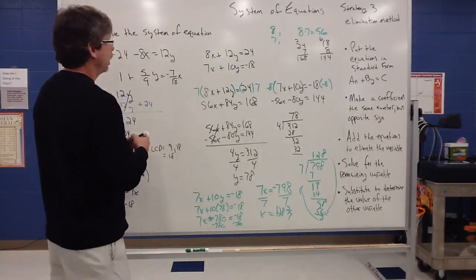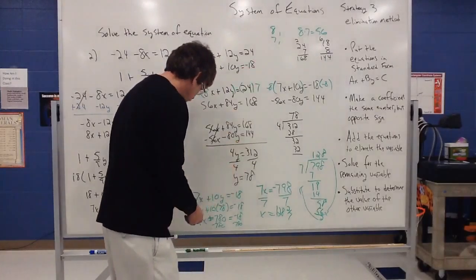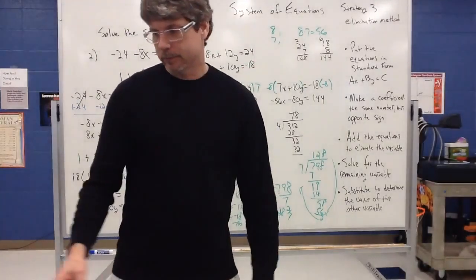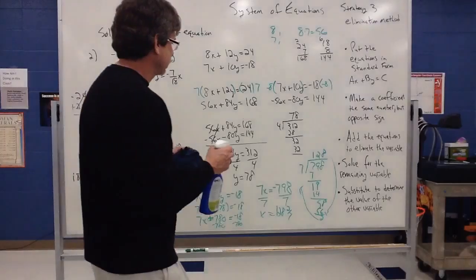So now I got to figure out where to write my solution at. Well, I'm going to go up here by this. I'm going to clean me out a spot here. Get rid of some of my scratch work.